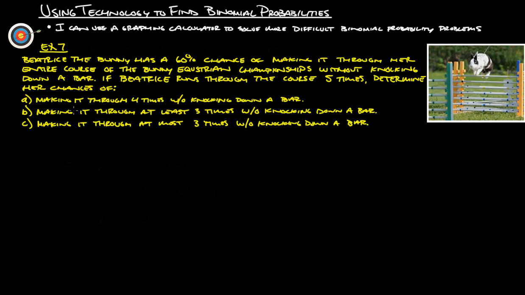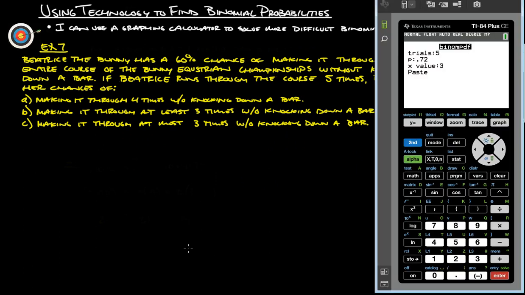So back to this one. 60% chance, 5 trials. We want to know the probability of her making it through exactly 4 times without knocking down a bar. So 5 trials. Our probability is going to be 60%, so you can do 0.60 or just plain 0.6 works too.